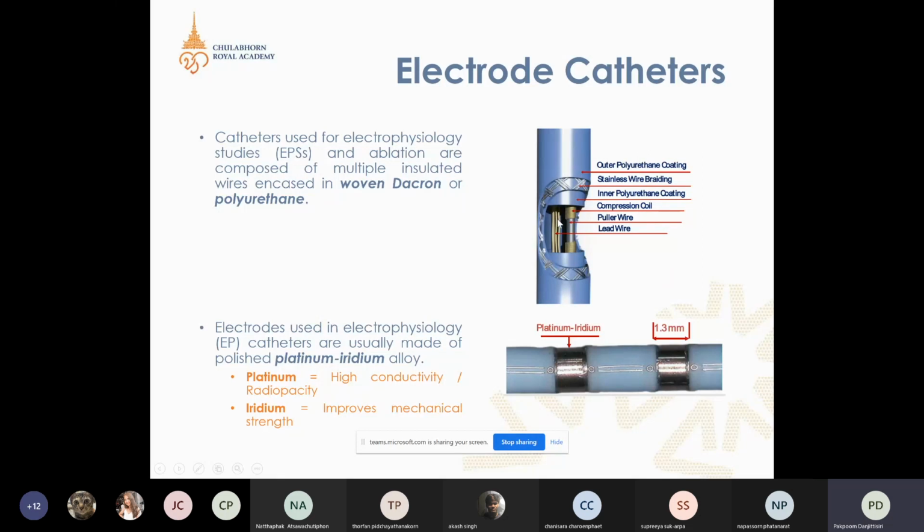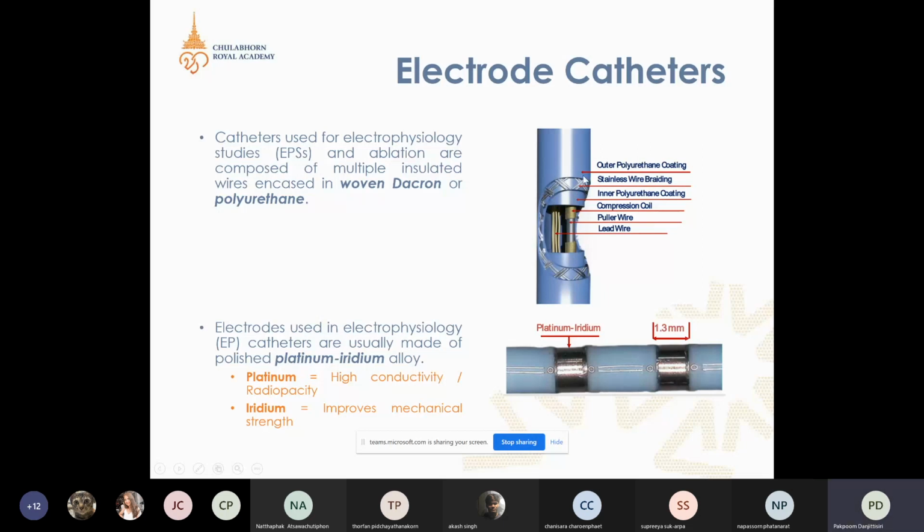Here, this is insulated wire, and the multiple insulated wires are encased in woven dacron or polyurethane, which is the shaft of the catheter over here. This is an example of a deflectable curve. So you will see the stainless wire braided here.